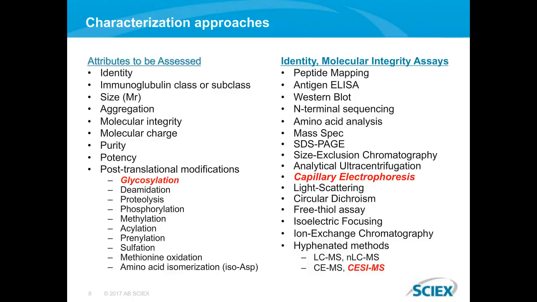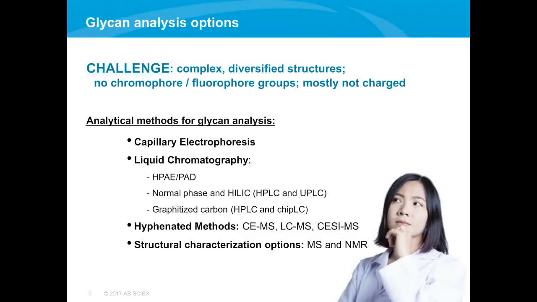It is what we would like to talk about in this webinar today, mostly using capillary electrophoresis, also mentioning that the CESI-MS, or SCIEX's new technology to connect mass spectrometry with capillary electrophoresis in a single dynamic process, will be mentioned as well, but mostly focusing on capillary electrophoresis.